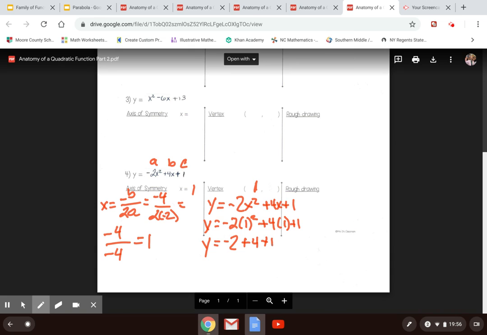So negative 2 plus 4 plus 1. My calculator says that's going to be y equals 3. So, same thing. When I make my drawing, since my a value is negative, that is a parabola that is going downward.